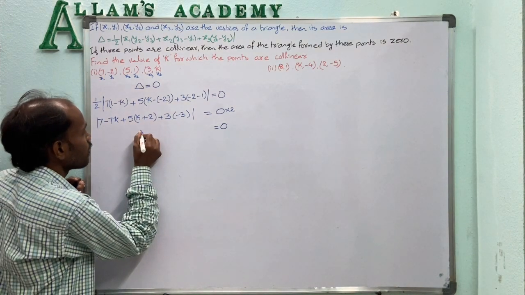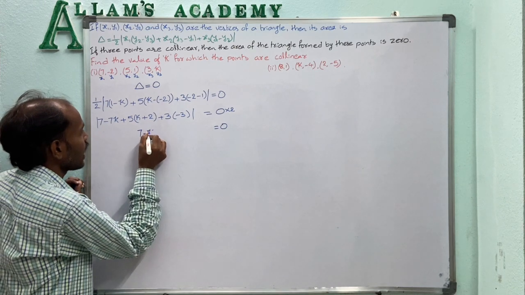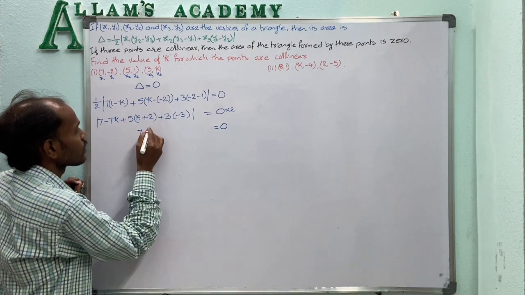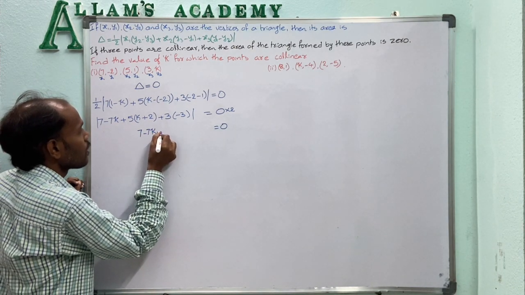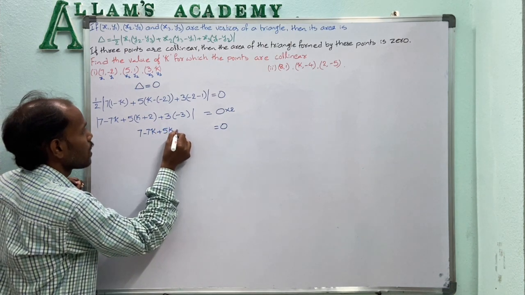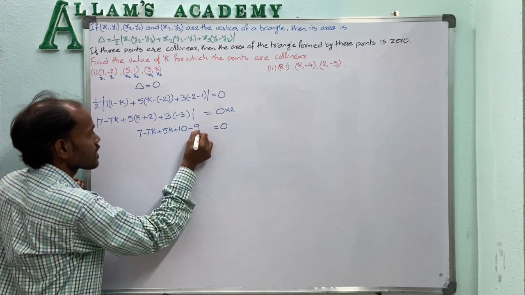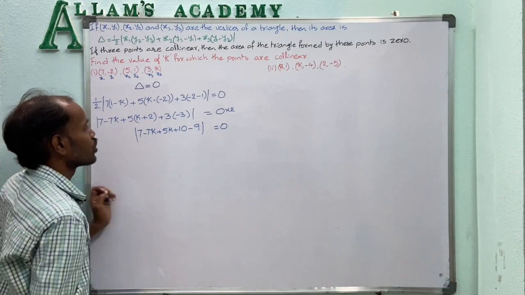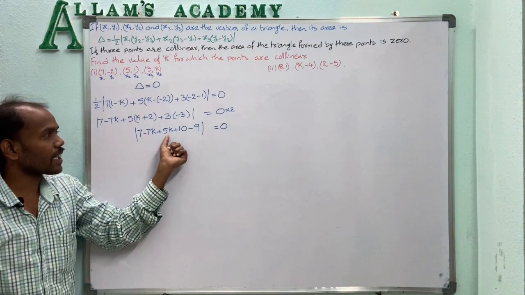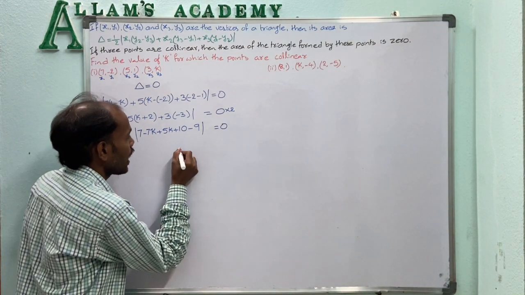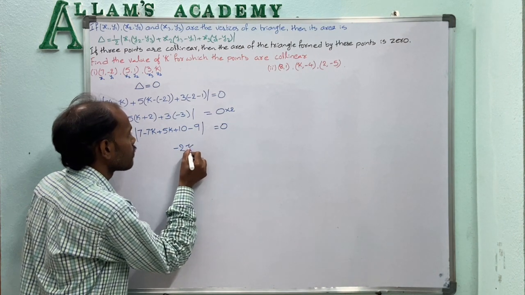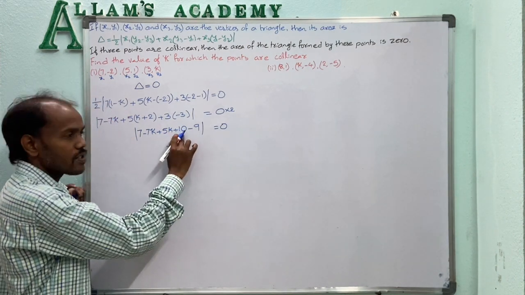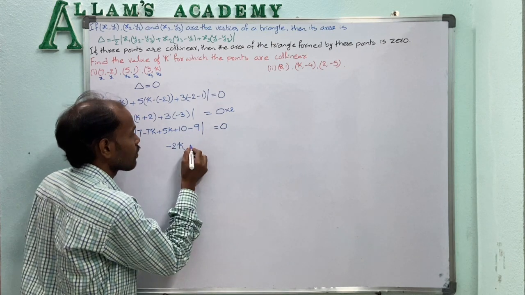So now it can be written as 7 minus 7k plus 5k plus 10 minus 9 is equal to 0. Now minus 7k plus 5k is minus 2k. 7 plus 10 equal to 17. 17 minus 9 equal to 8.